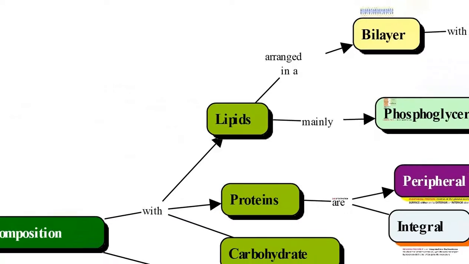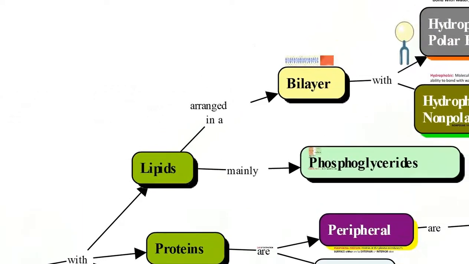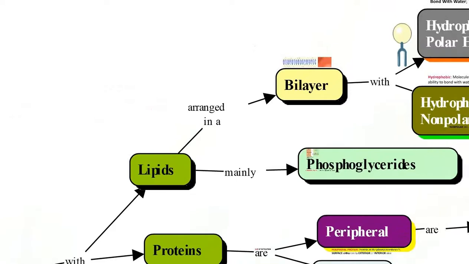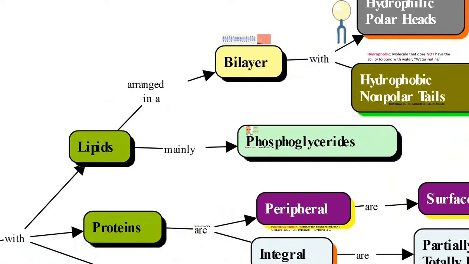They are lipids, proteins as well as carbohydrates. In the case of lipids, there is the lipid bilayer, in which the molecule has a hydrophilic polar head region and a hydrophobic non-polar tail region. Phosphoglycerides are the major components of this lipid layer.